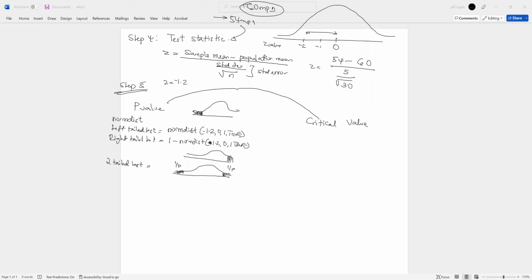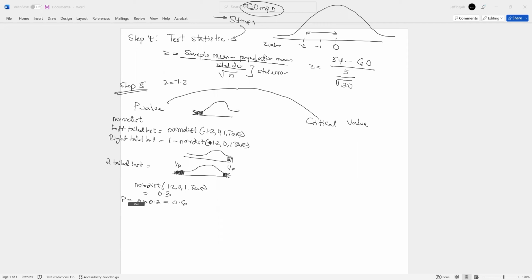You do your normal NORM.DIST, say 1.2, 0, 1, true. Let's say you get a number like 0.3. This value is for only one side, the left side, so we have to find the right side too.